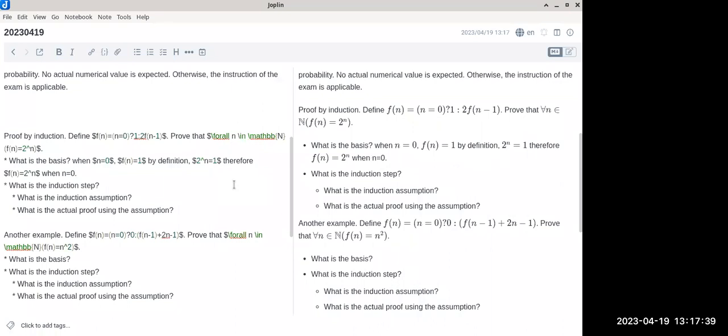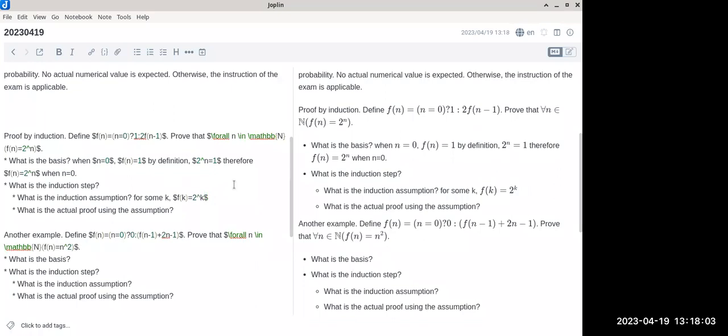Have you got it so far? I know we have a limited amount of time, maybe 2 minutes, but that's all we need because this one is super easy. So in the induction step, we have an induction assumption. The induction assumption is basically saying for some k, we say that f of k is 2 to the power of k.